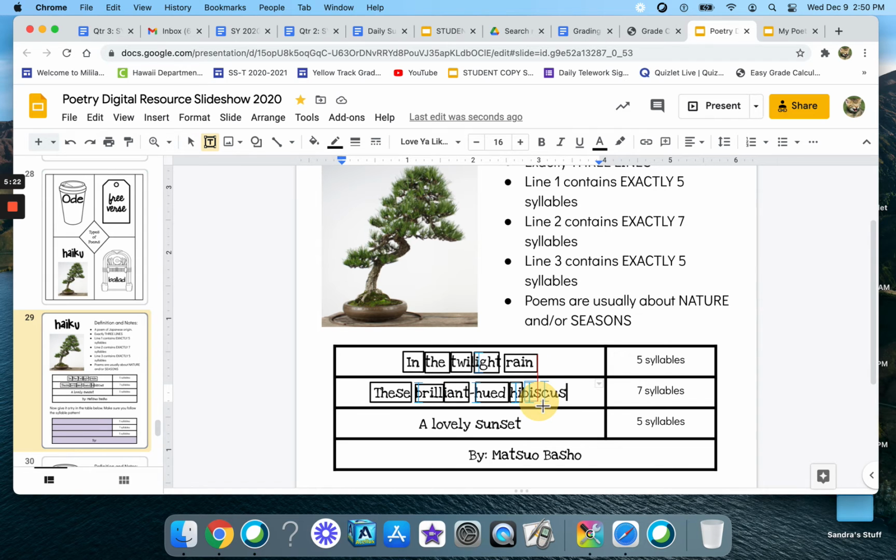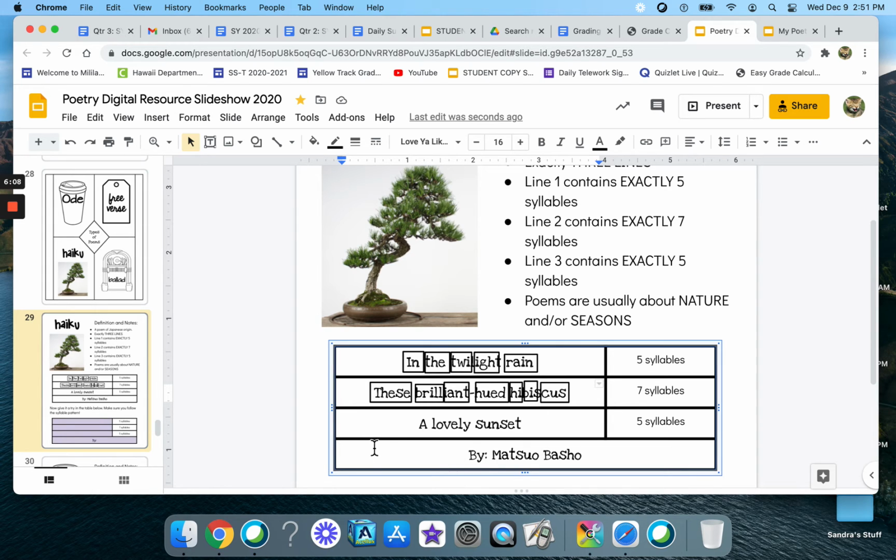You won't have to do this on yours, but I'm just showing you visually so you could see the syllables. Cus. Hibiscus. Cus is the last syllable. So again, if we look at this second line, it has 7 syllables. These is 1, brill is 2, ant is 3, hued is 4, and hibiscus has 3 more syllables, so there are 7 syllables here. 1, 2, 3, 4, 5, 6, 7.